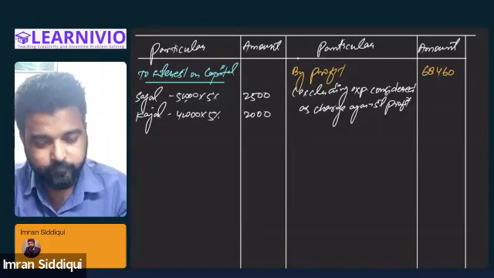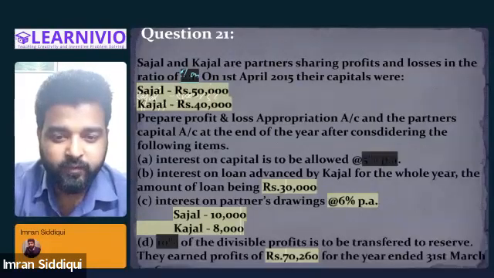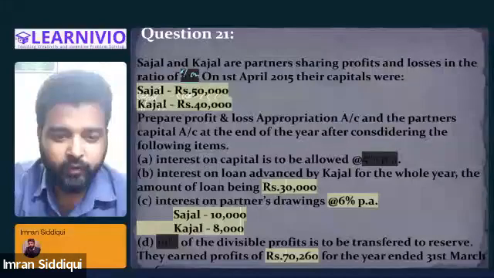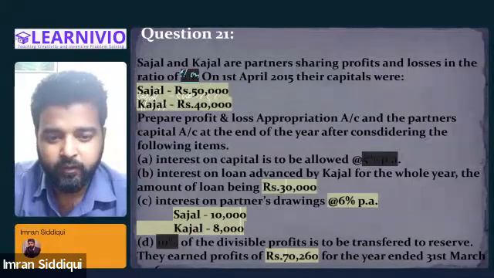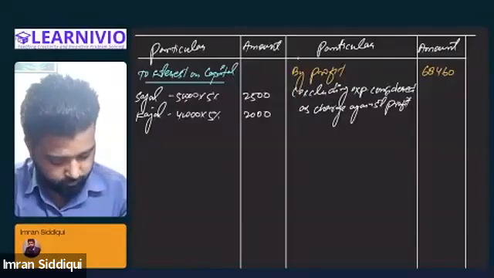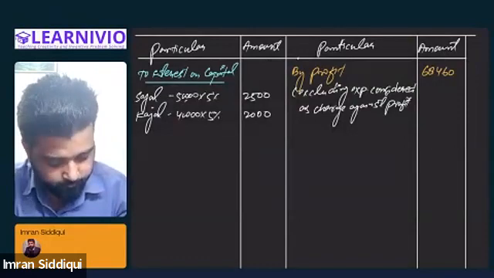Right? Apart from this, the question further says that interest on partners' drawing will be applicable on Sajal's drawing of 10,000 and Kajal's 8,000, at 6% per annum. So let me write that as well, interest on drawing.